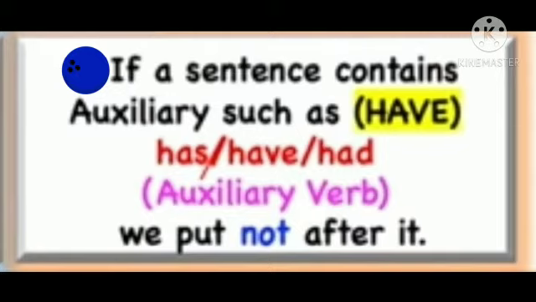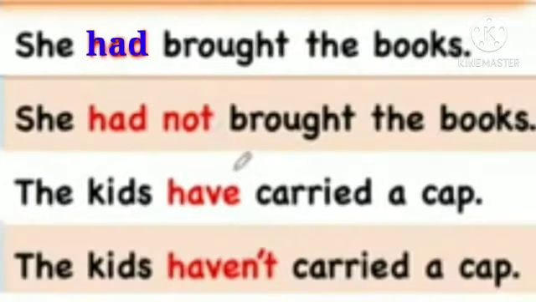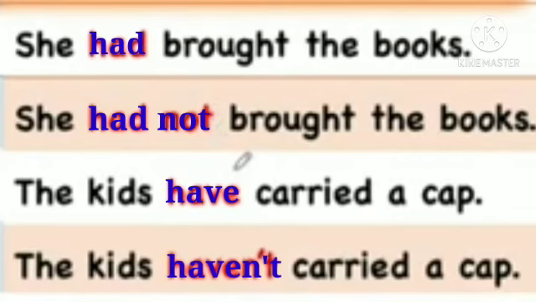We put not after it and frame the negative sentence in the same way. Okay. Here are some examples. She had brought the books. I write not after had and frame the negative sentence. The kids have carried a cap. Here I use the contracted form of have not, haven't, and frame the negative sentence.